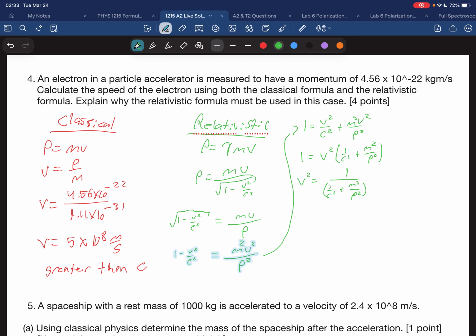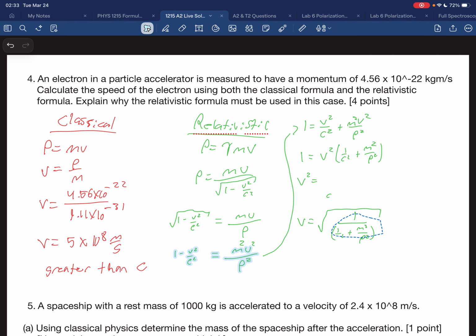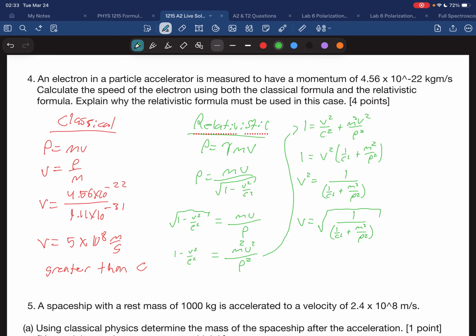Now I'm going to square root everything. And I'm going to redraw that square root because it's not tall enough for my liking. There we go. Okay.